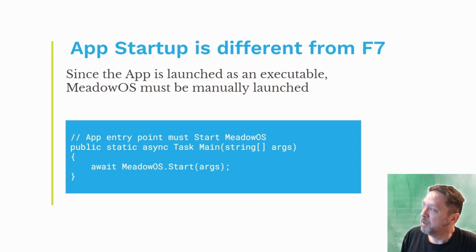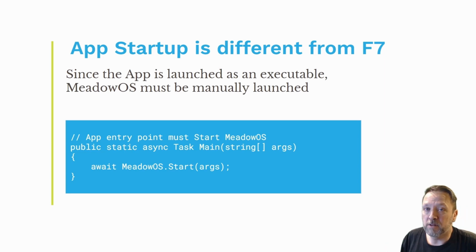Another example is that the startup is different. On an F7, Mono launches and automatically calls the Meadow OS for you when the device boots up. On something like a Raspberry Pi or any other thing running Linux, that does not happen.